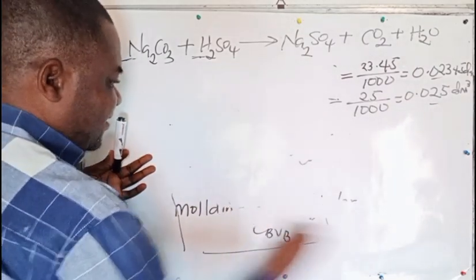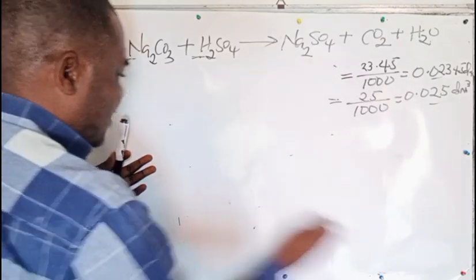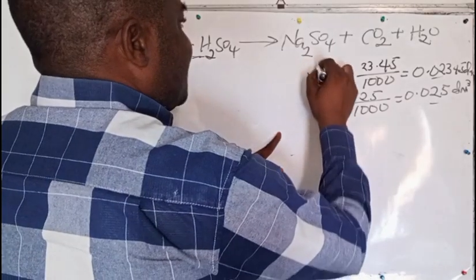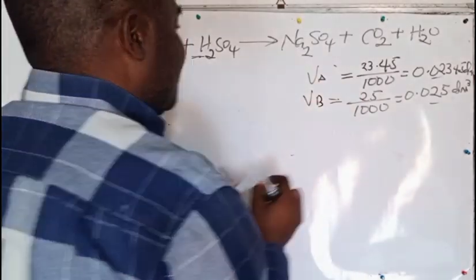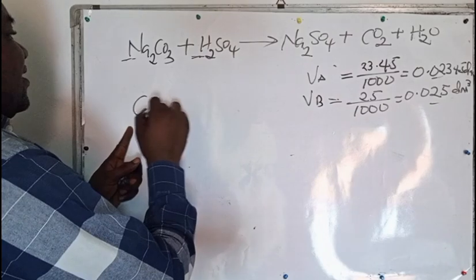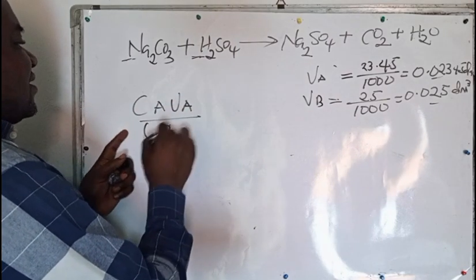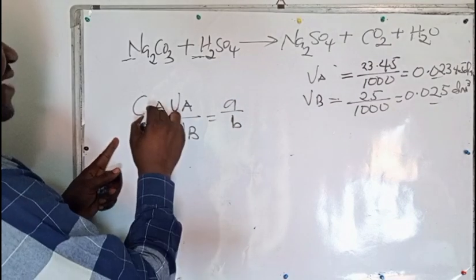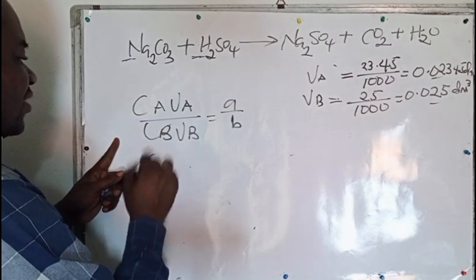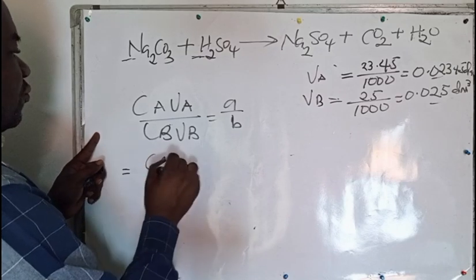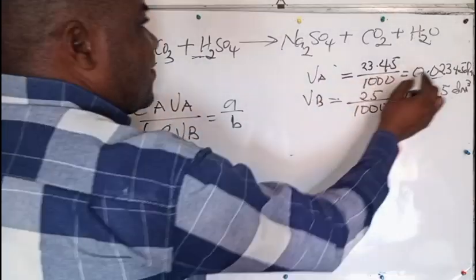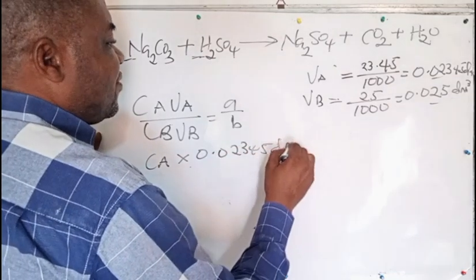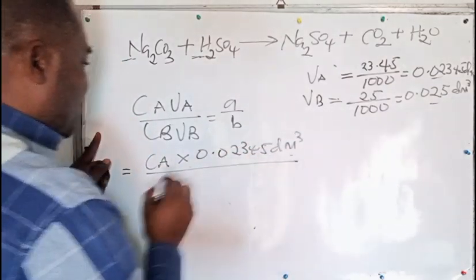So let's solve this. In order to solve this, we're going to do our substitutions. Remember that what you have here is the volume of the acid and this is the volume of the base. So with CAVA all over CBVB equals the mole ratio, we now have Ca, which we are looking for, we do not know, multiplied by the Va, which is 0.02345 dm³, all over what?